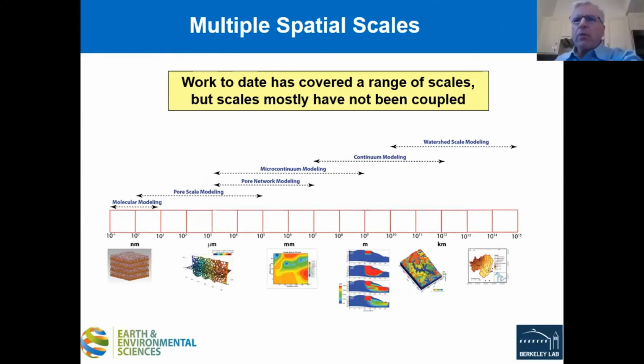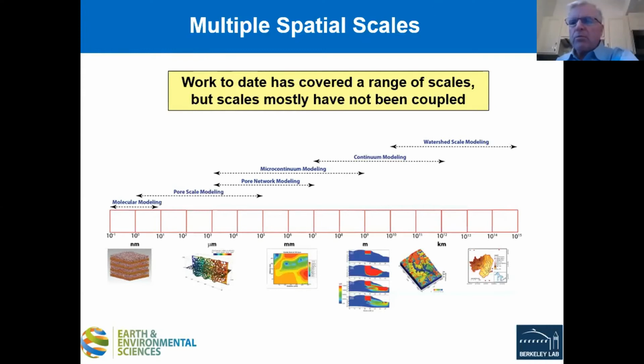So when we look at modeling here, you could prepare an equivalent perhaps for characterization. In fact, I had one of those. I think it got pushed down to the bottom of my presentation, but this one works pretty well. When you start to look at the scales of modeling, there's quite a range that's been considered, going from molecular scale, pore scale modeling, very active now in certain parts of the community, up through plume scale.